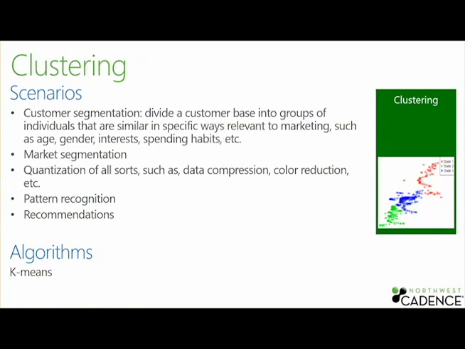Right. So clustering is an interesting one, right? This is an unsupervised learning algorithm. So that means you don't have to give it any training data. You throw the data at it and you say, I want you to divide it up into 3, 4, however many clusters, and it will go through and find metrics to cluster your data into.